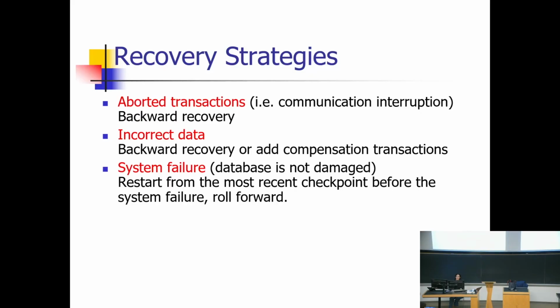When do we do roll forward? For committed transactions, so we use after images to go to a consistent state. And if the transaction is uncommitted, we do rolling backward.